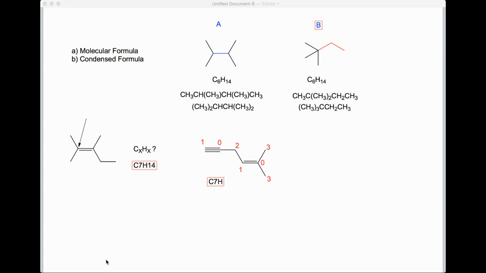Can I recount the carbons? I'm going to show the carbons with an arrow. Okay. So one carbon here. Another carbon here. Another carbon here. Every intersection is a carbon, remember.